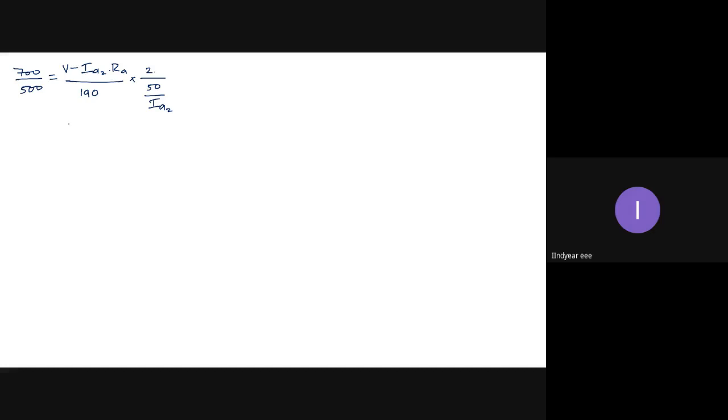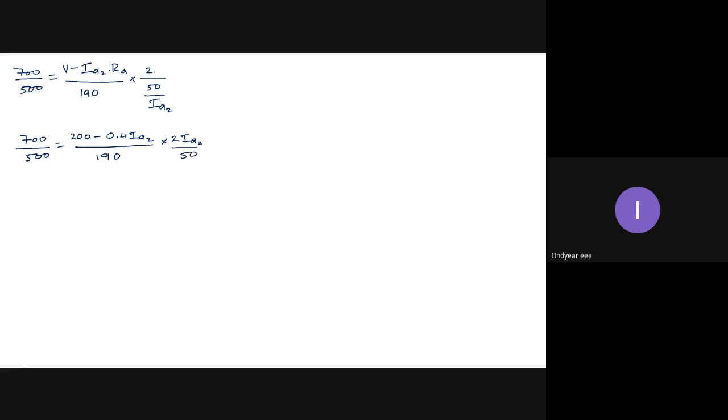So I will rewrite this. So 700 by 500 is equals to 200 minus 0.4 IA2, RA is 0.4, by 190 into 2 IA2 by 50.